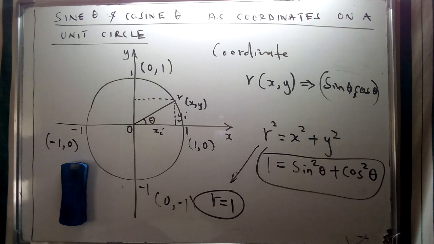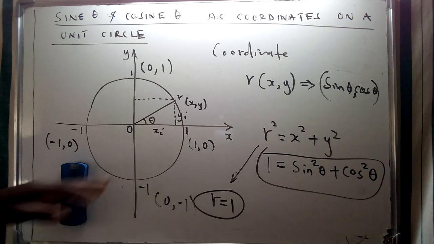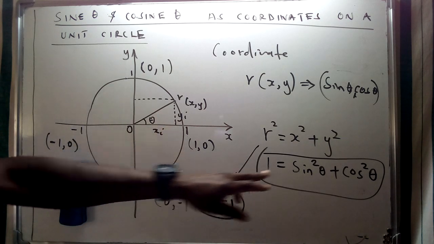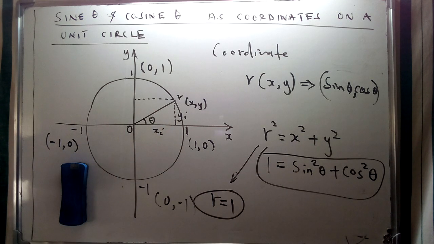And therefore, we are going to see that the cosine, the first coordinate of the terminal point on the unit circle for an arc of length theta, is going to be given from the ratios that are given.